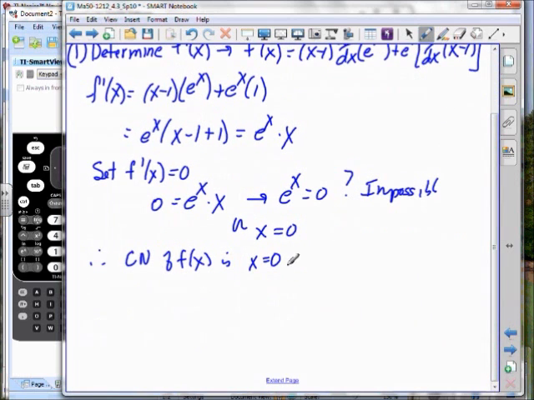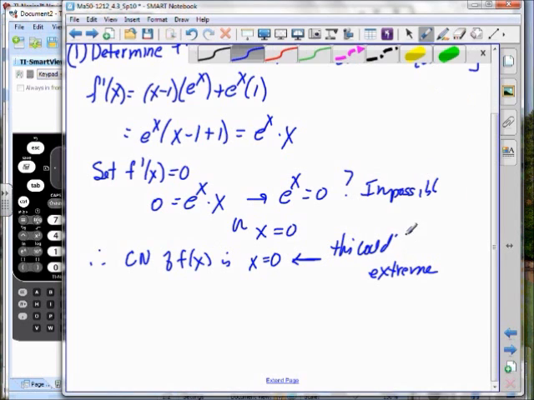Well, we know that something, we don't know what, happens at x equals 0. So we can say this could be an extrema. I'll write that so you can read it.